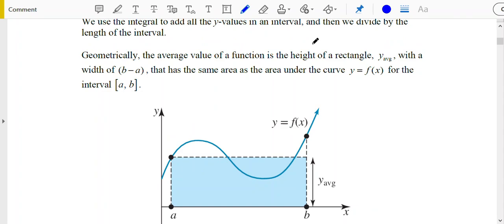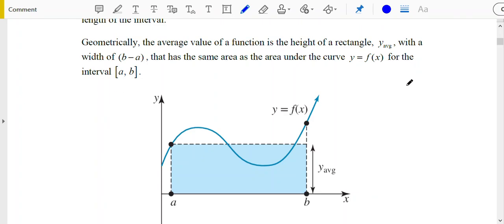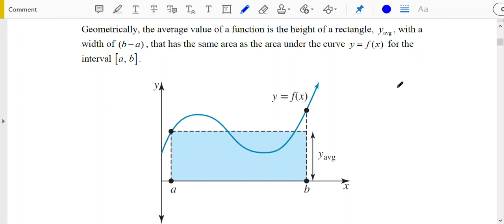Okay, so it says geometrically the average value of a function is the height of a rectangle, and we're calling it y average, AVG for short, where the width of the rectangle is b minus a. So there's our interval a to b.